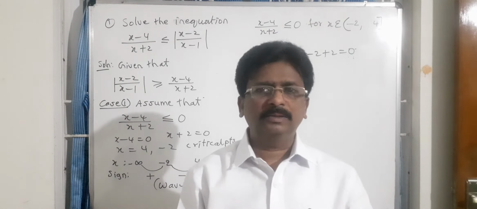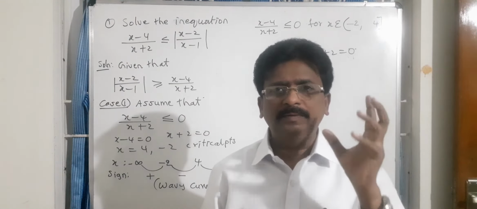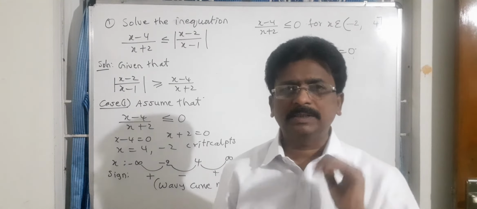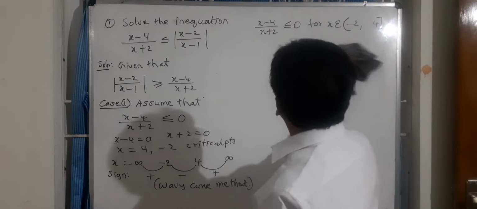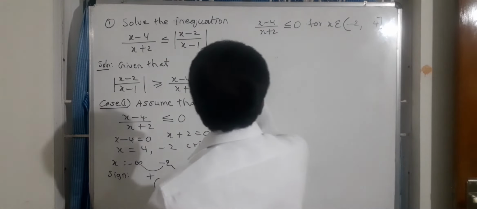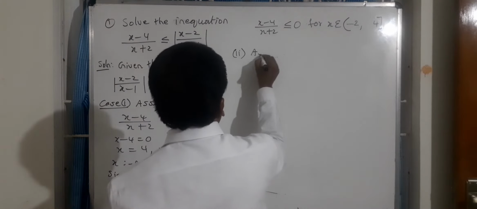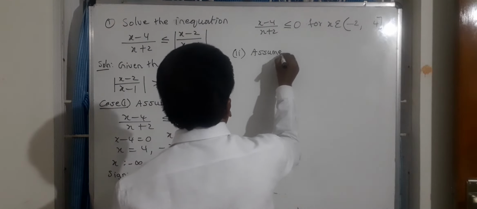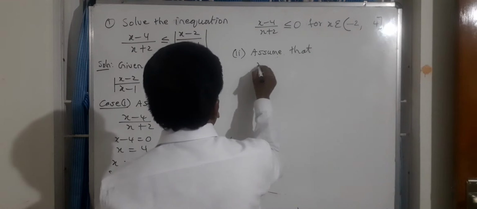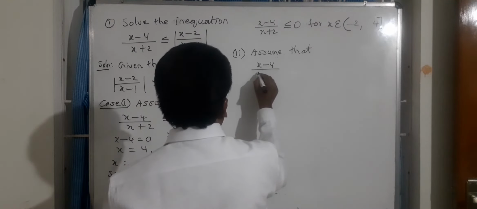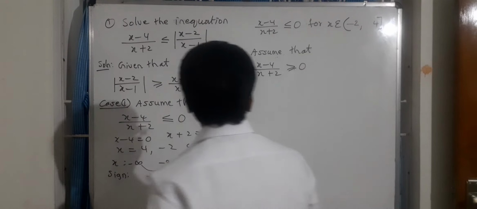Next, we have to go to the second case. In the second case also, we will obtain some solution set. Case 2. Assume that (x - 4)/(x + 2) is greater than or equal to 0.